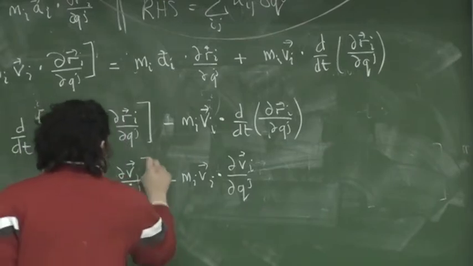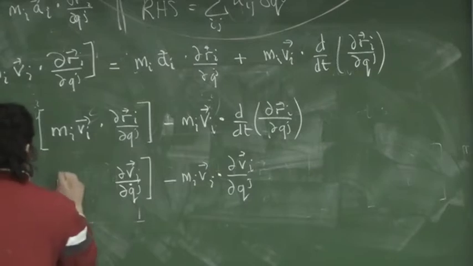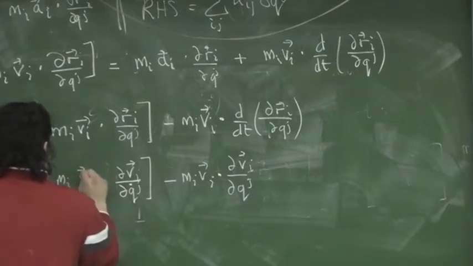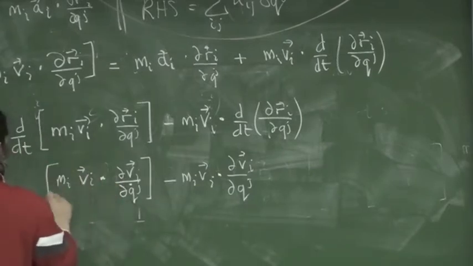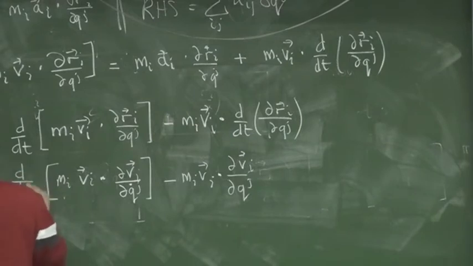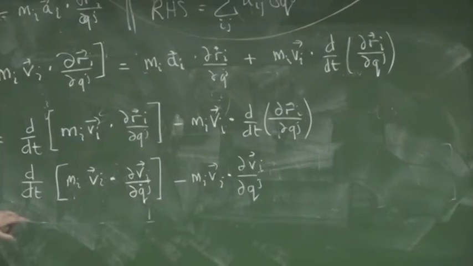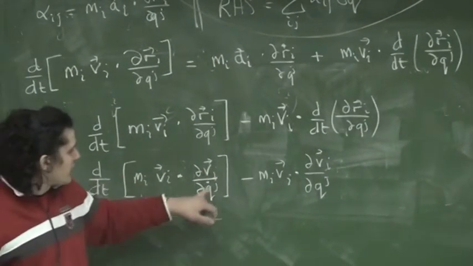Right. This is mi vi dot. We're nearly there. Now we have two expressions that look like vi dot del vi del something.